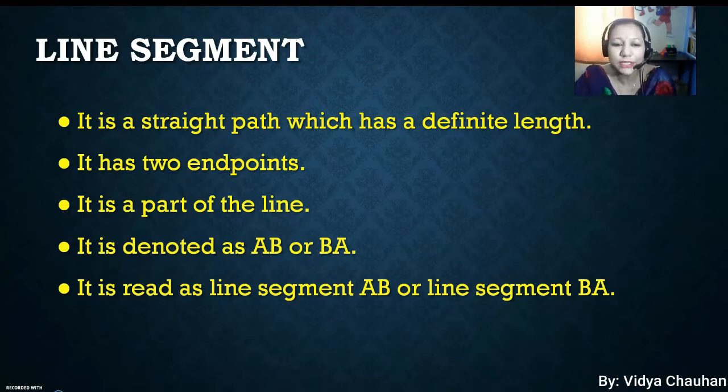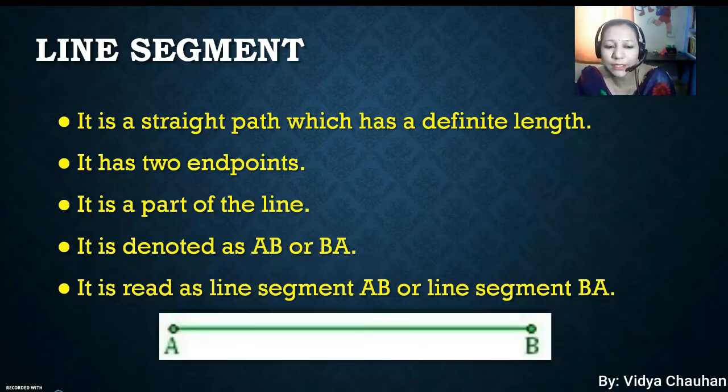And when we are just writing AB, or BA, then it is called a line segment, as you can see in the image. So a line segment AB has two dot points, two end points, two full stops, you can say. It is read as line segment AB or line segment BA. You can use any order, AB or BA.